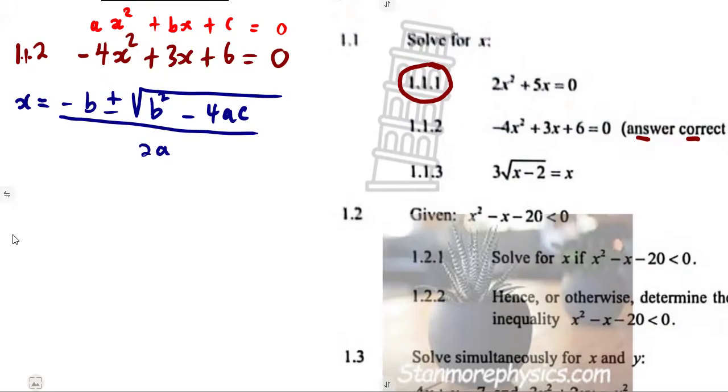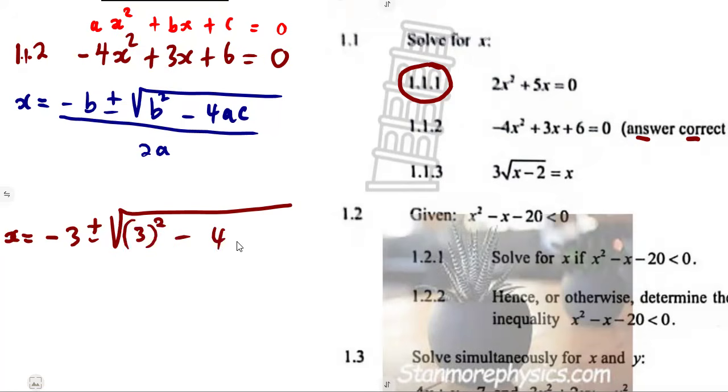So let us substitute. x is equal to minus b, which is 3, so that's minus 3 plus or minus the square root of b squared, the same 3, minus 4 times a, which is minus 4, times c, a positive 6.